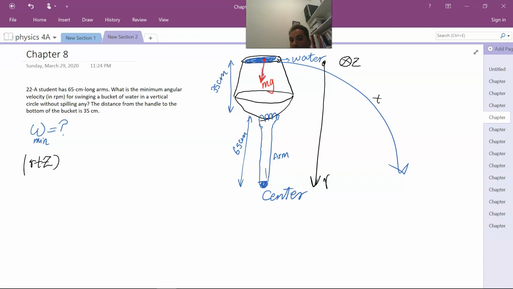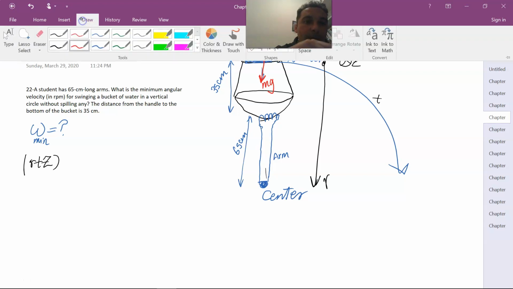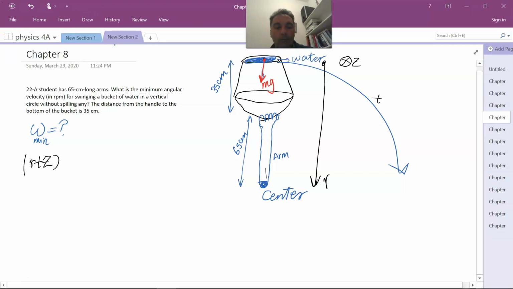And also, because here I have a surface, I have contact, I am going to have Fn, the normal force, which forms from the surface of the bucket under the water.